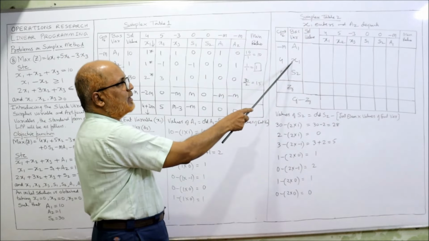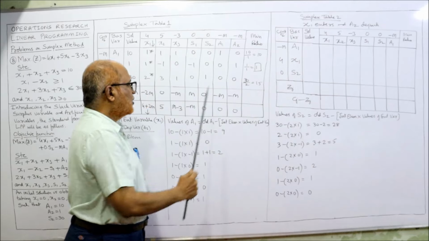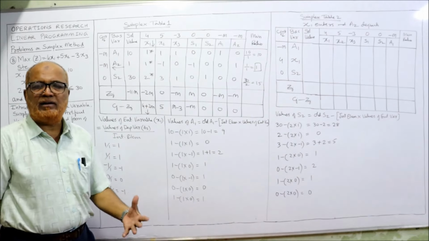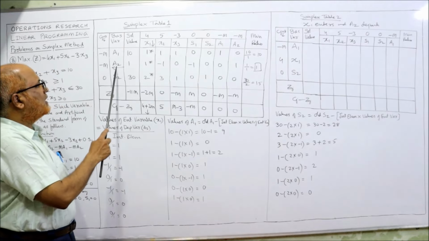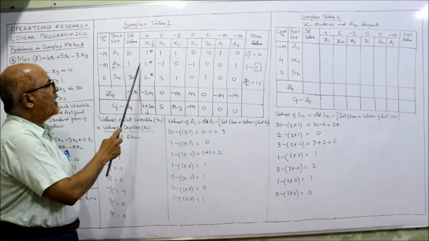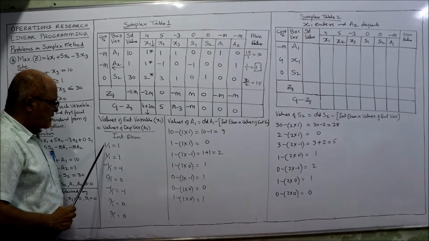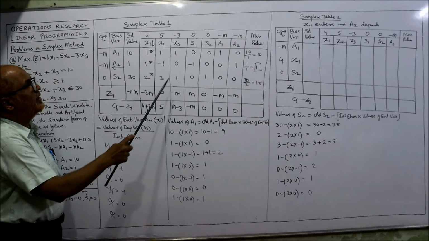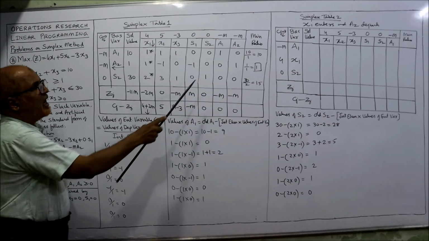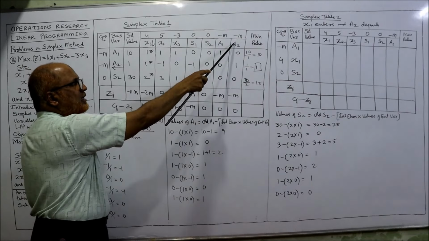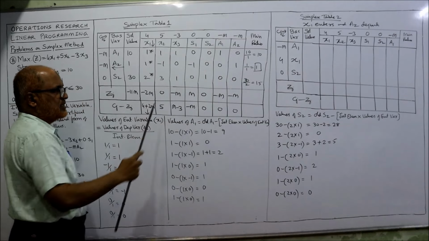First of all, we need to calculate the values of the entering variable x1. The formula is the value of the departing variable divided by intersectional element. The values of the departing variable A2 are 1, 1, minus 1, then 0, minus 1, 0, and lastly 0. We are not taking the value of A2 because it is departed.